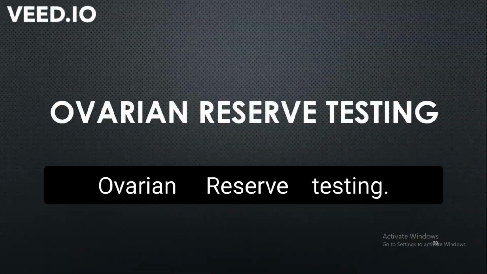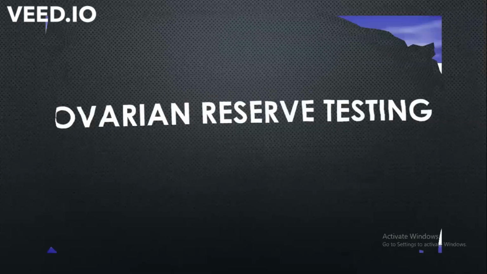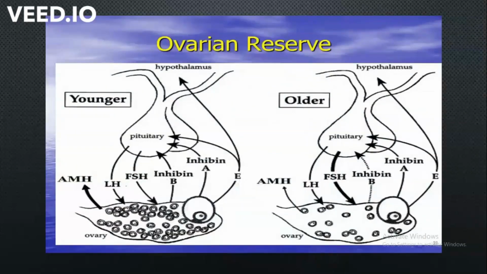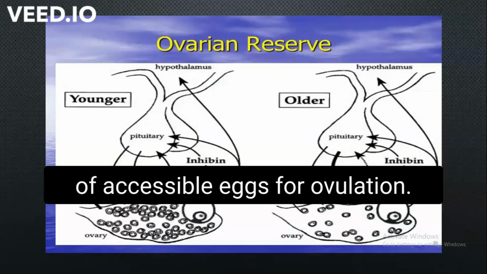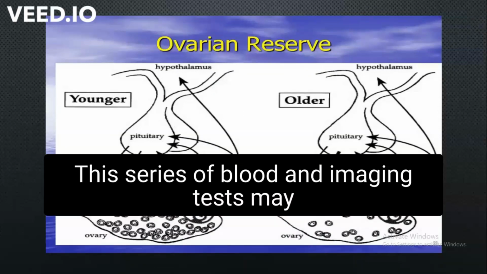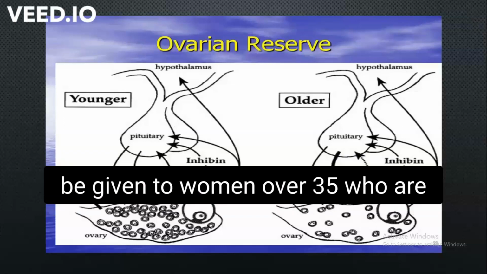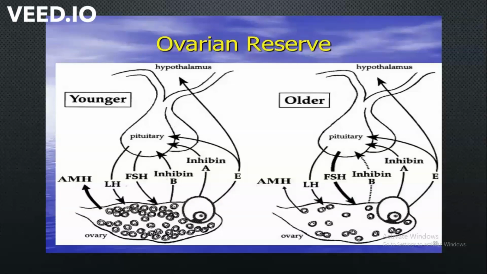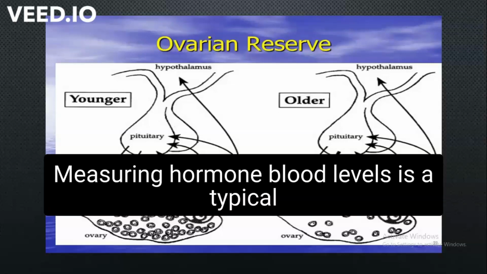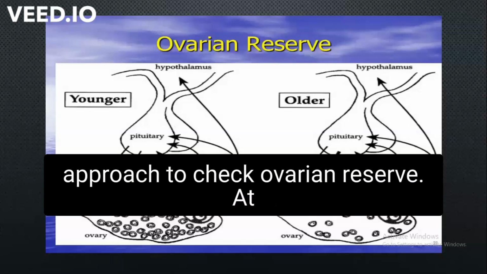Ovarian reserve testing. This test determines the quality and number of accessible eggs for ovulation. This series of blood and imaging tests may be given to women over 35 who are at risk of having their egg supply decreased. Measuring hormone blood levels is a typical approach to check ovarian reserve.